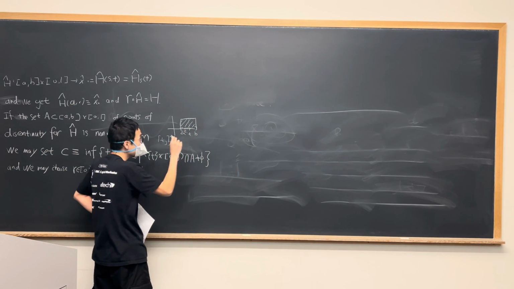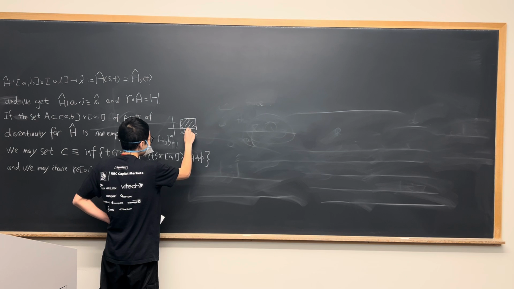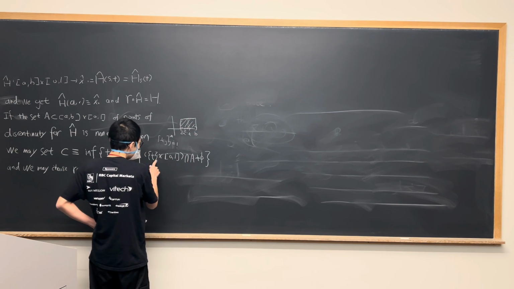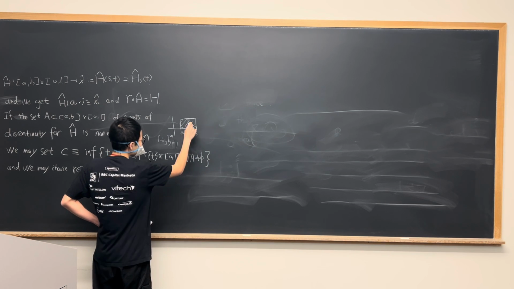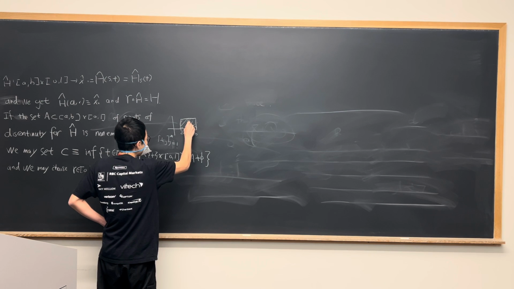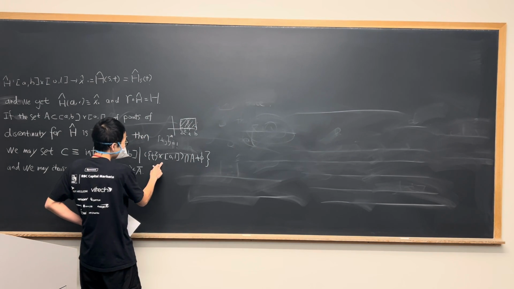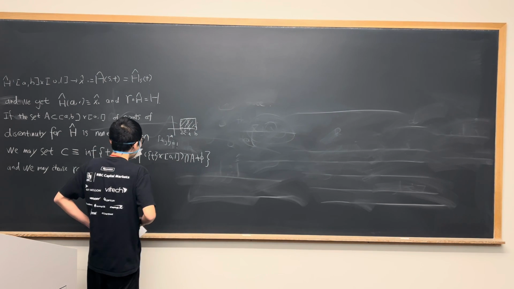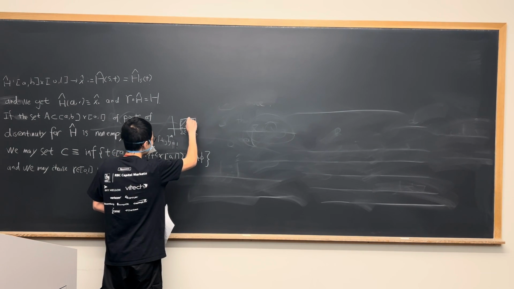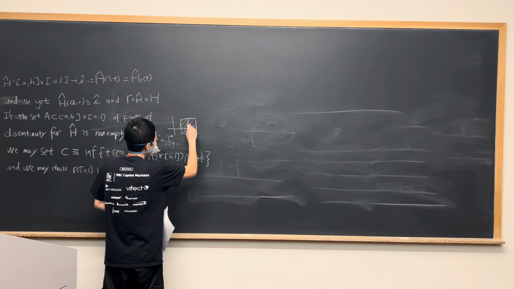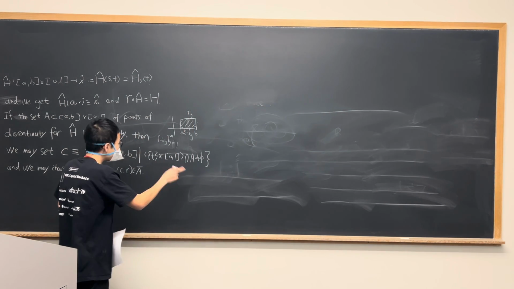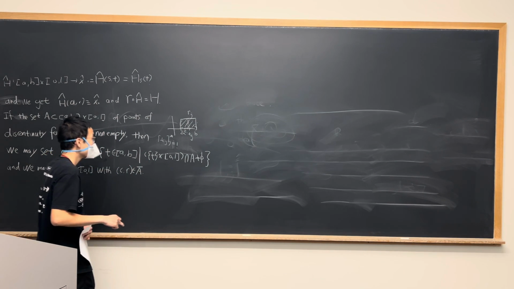And then for each point Tj, because this T intersect this A is not empty, imagine there's maybe some A here, I can pick a point within this interval, right? So for Tj, maybe we pick Rj.